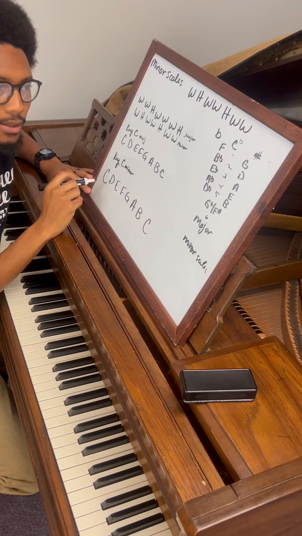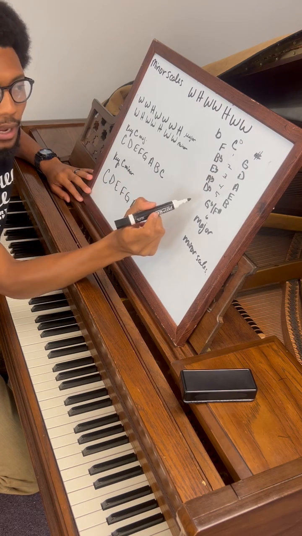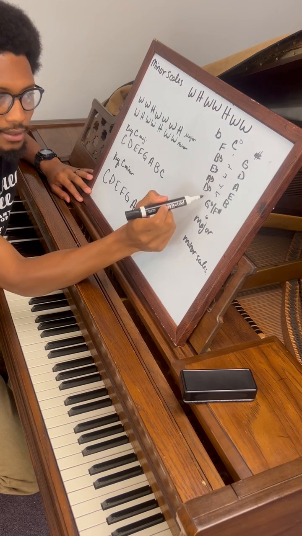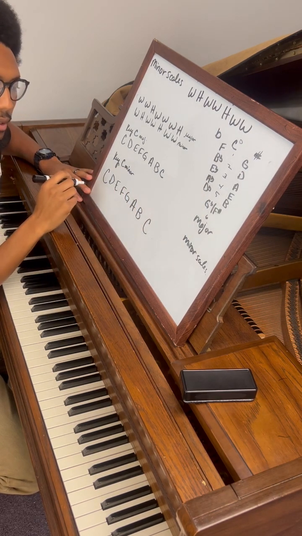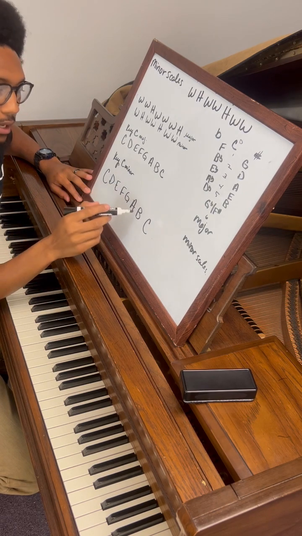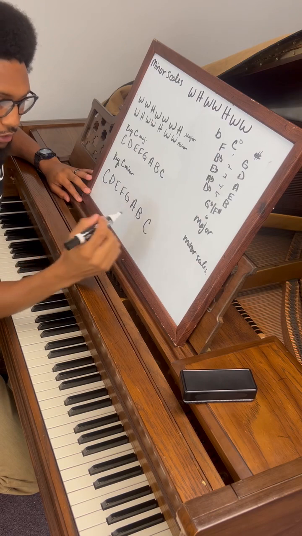The easiest way to think about the scale in order to get that minor, so that you don't have to memorize shifting or rotating this entire diagram, is each scale, each formula has some sort of position to it.